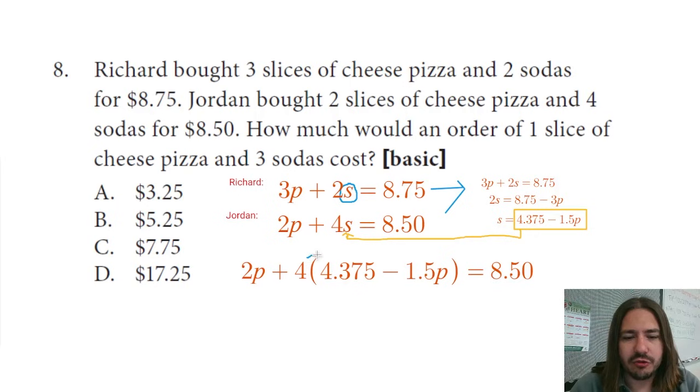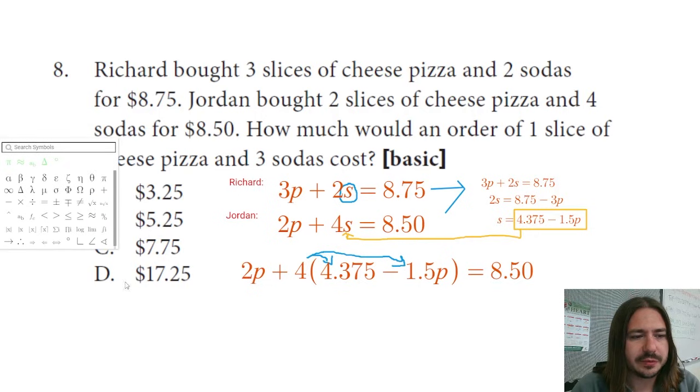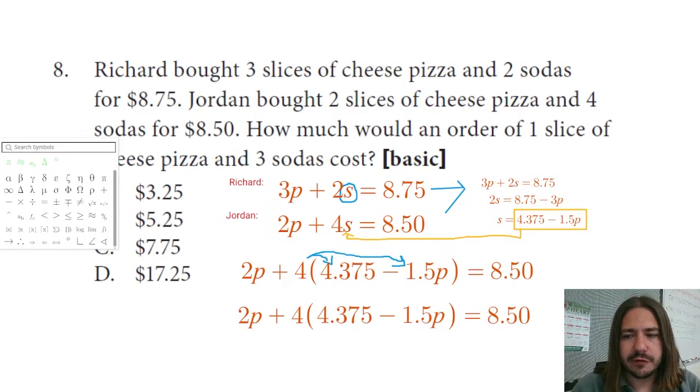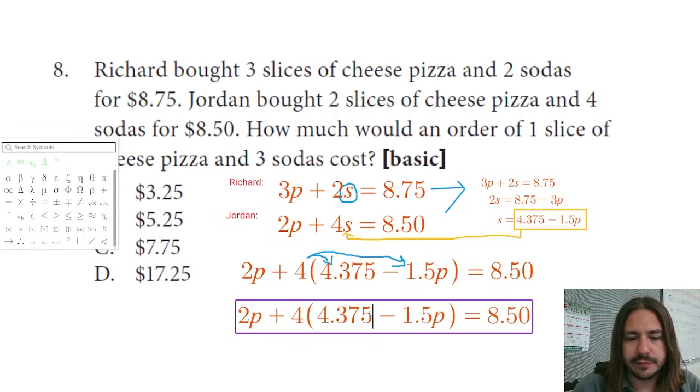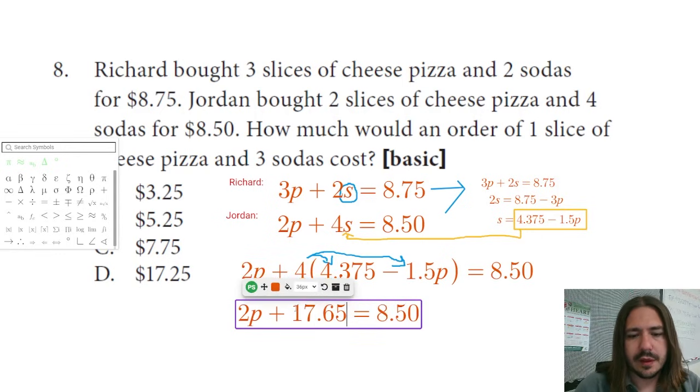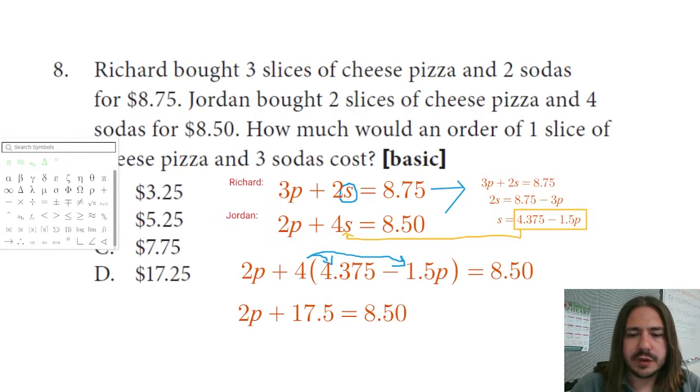All right, so here I'm going to distribute the 4. Again, using a calculator, especially with all these decimals, would be advisable. All right, so 4 times 4.375 is going to be 17.5. And then 4 times 1.5 is going to be 6.